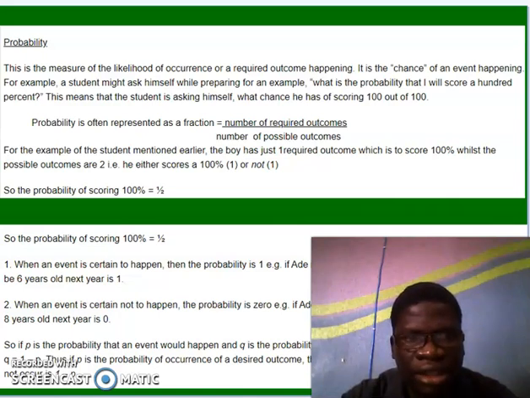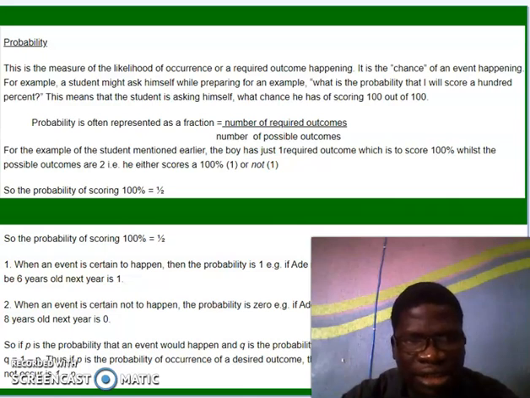He either scores 100%, that is 1, or not. So the probability of scoring 100% is equal to half. The probability of scoring 100% is half, and the probability of not scoring 100% is also half.